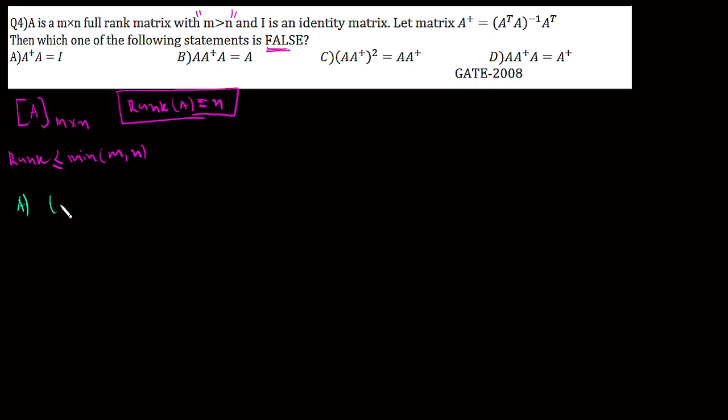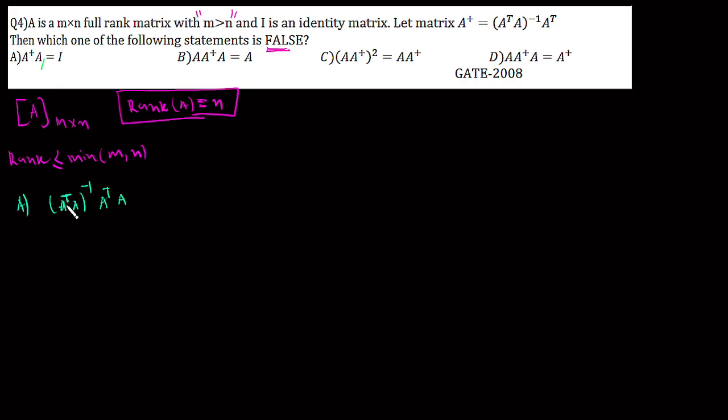I can write A transpose multiplied by A, I have to take the inverse, multiply it with A transpose, and now again I have to multiply by A, and resolve it, and if I get the identity output, then this condition is true, but they are asking about the false relationship.